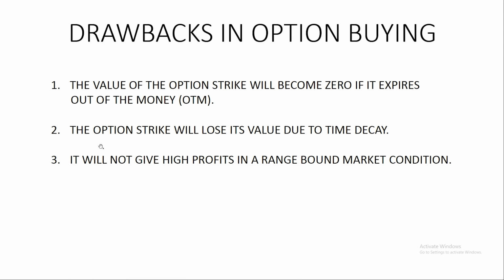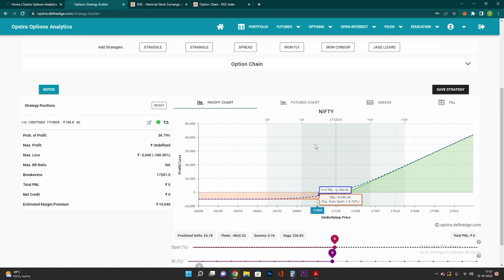The option strike will lose its value due to time decay. This is a very good friend for the sellers and an enemy for the option buyers. Consider if you have chosen the 17,100 call option and you paid 100 rupees. On the next day the market stays in the same spot, the market opens flat, but the premium that you paid will be reduced to 80 rupees or 70 rupees.